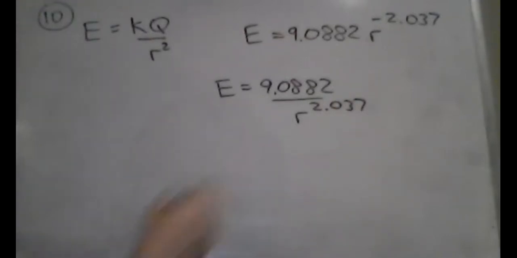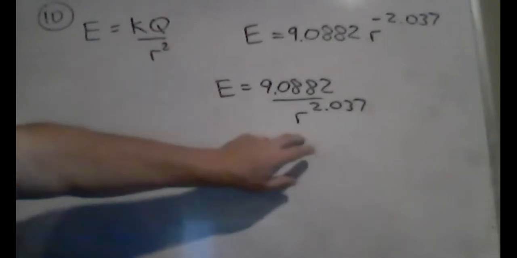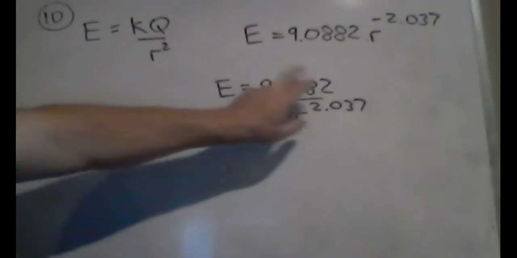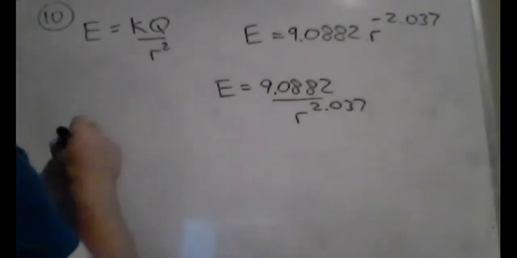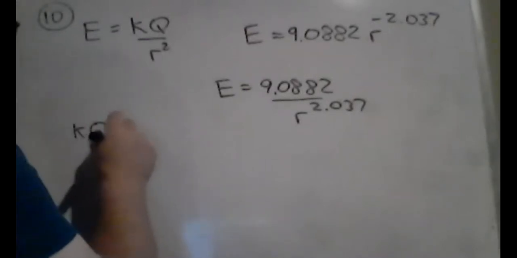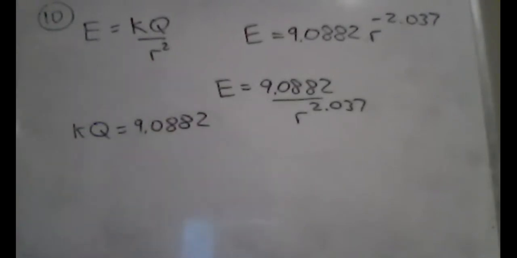So what is this 9.0882? Oh, well, that's KQ. This is darn near R squared, with experimental error. So this 9.0882 is what I'm calling KQ. And so what would K be?